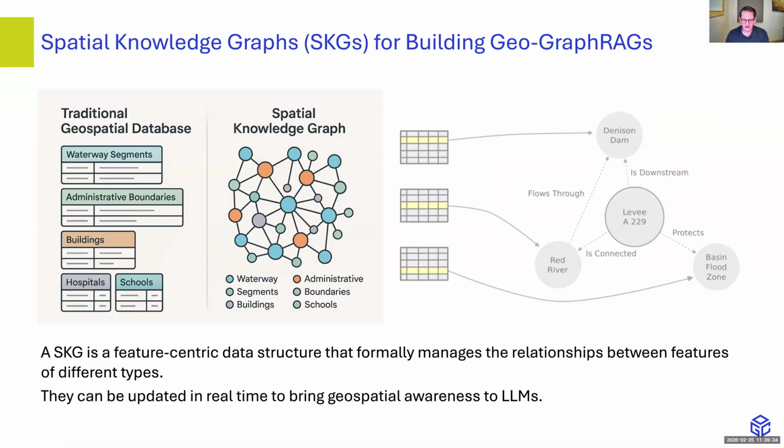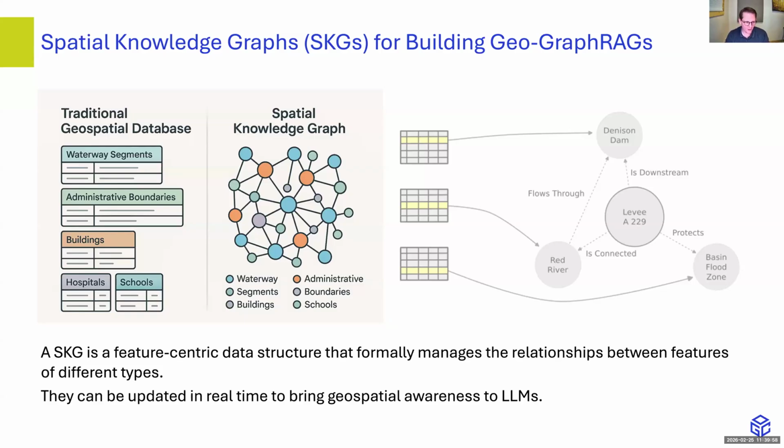Before I dive into my demo here, I want to dive a little deeper into spatial knowledge graphs. Unlike feature classes, which are table-centric, a spatial knowledge graph is a data structure that is feature-centric.